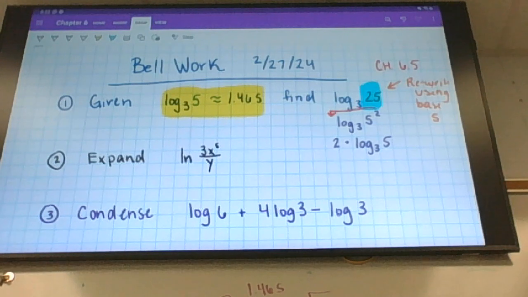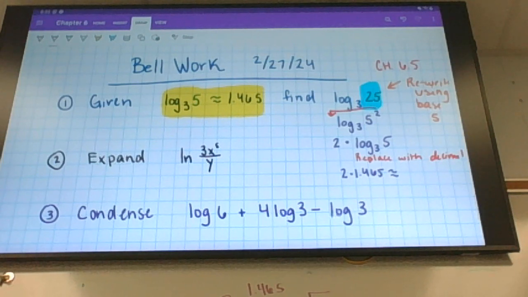All right, so after this, we can now replace it with the decimal. You rewrite all the way until you can replace it. So this is 2 times 1.465. And that's 2.93.